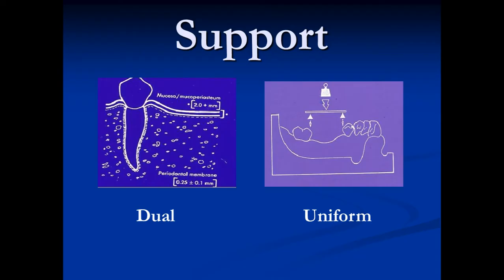This is the picture. In this first picture, we have a hard tissue, that is a tooth, present with a root in the socket, and we have a periodontal ligament all around the root. And right next to it, we have an edentulous area.